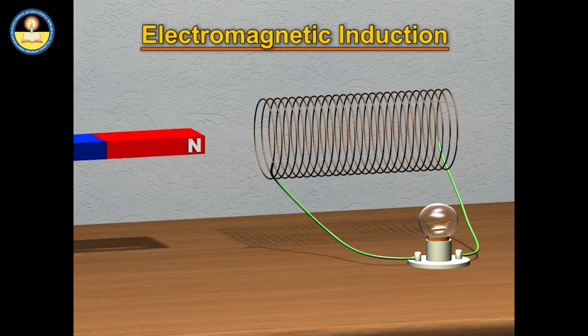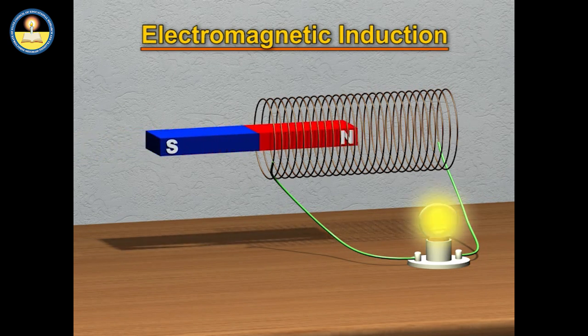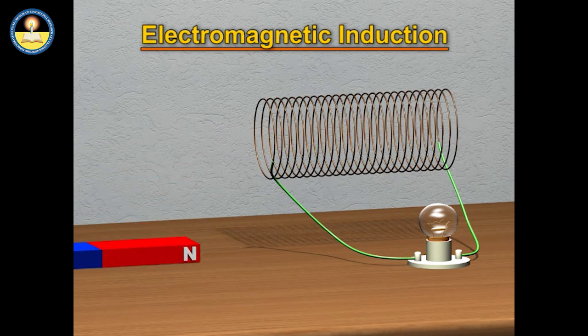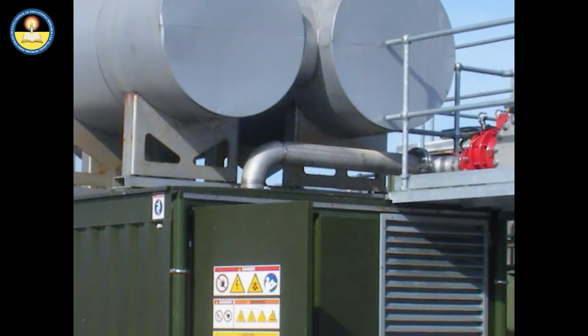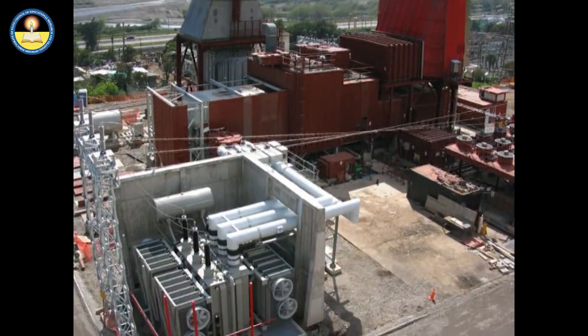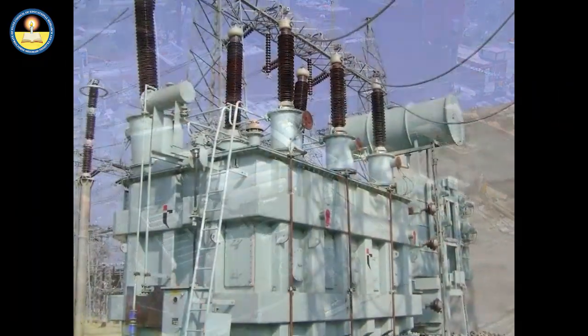The phenomenon by virtue of which an electric current is induced in a conductor due to a changing magnetic field is called electromagnetic induction. It is an extremely useful phenomenon with a wide variety of applications and is used in power generation and power transmission.